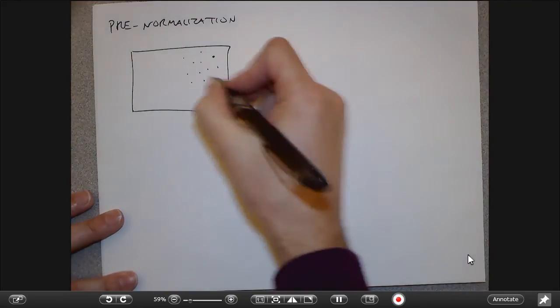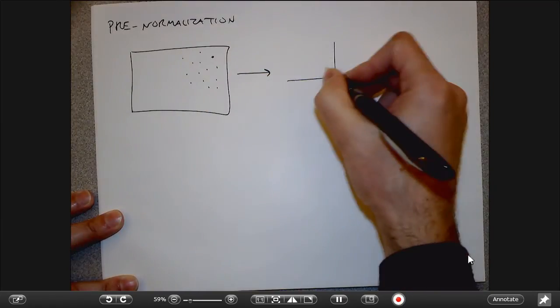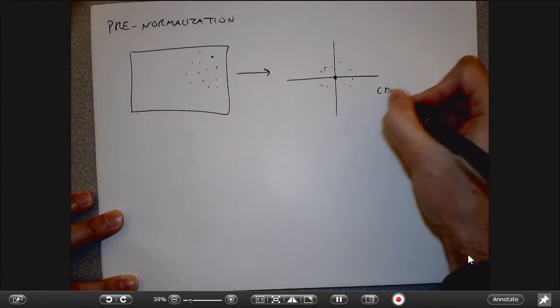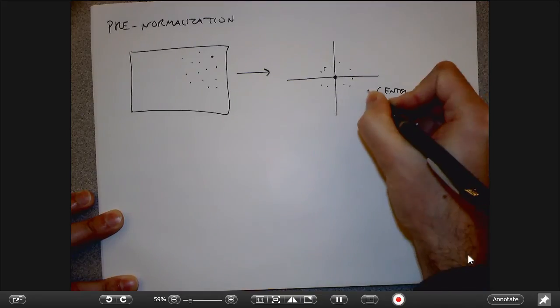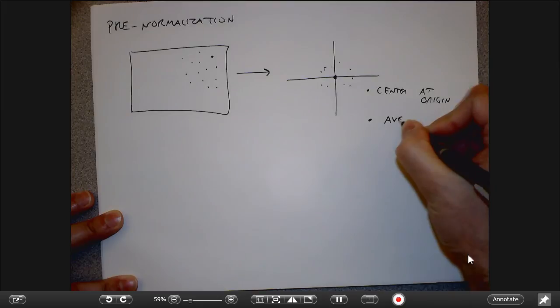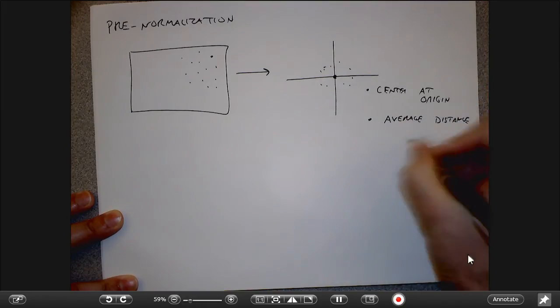So typically what you do is you take this cloud of points and you move it over so that this cloud of points is centered at the origin. And you basically should have something like an average distance of square root of 2.